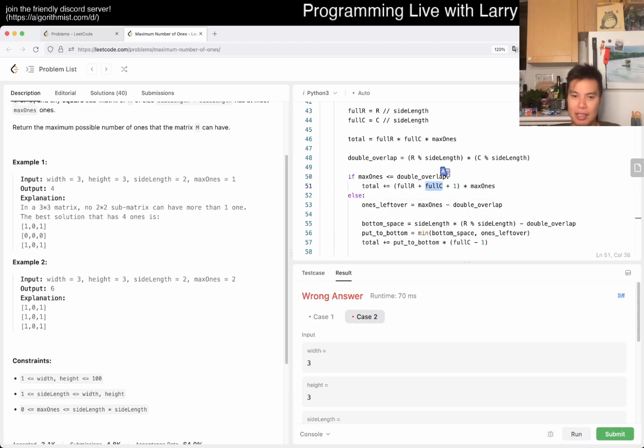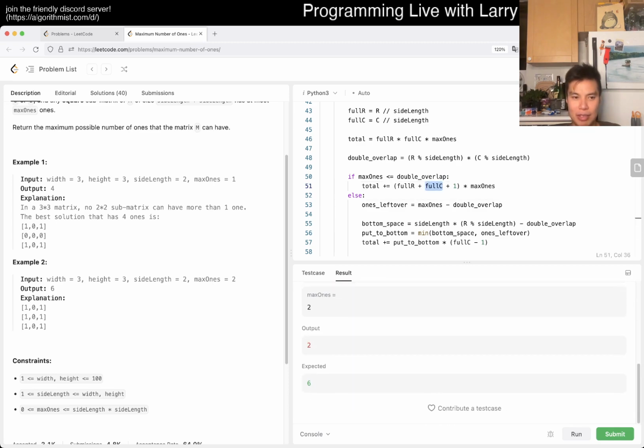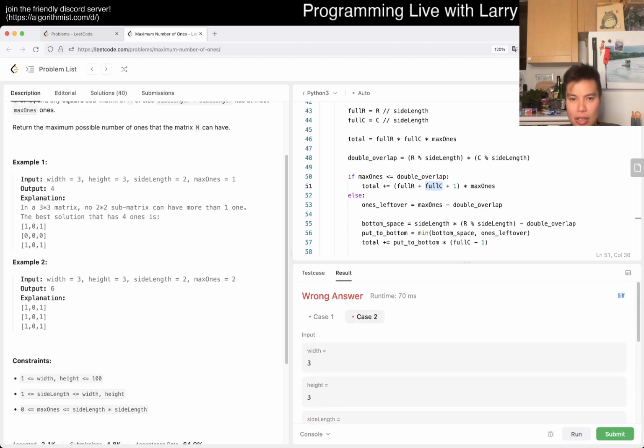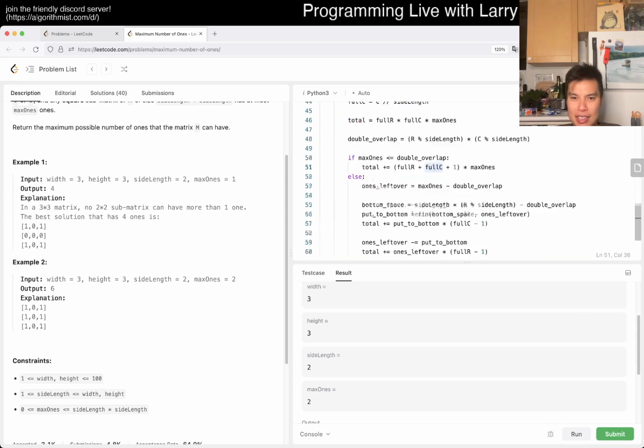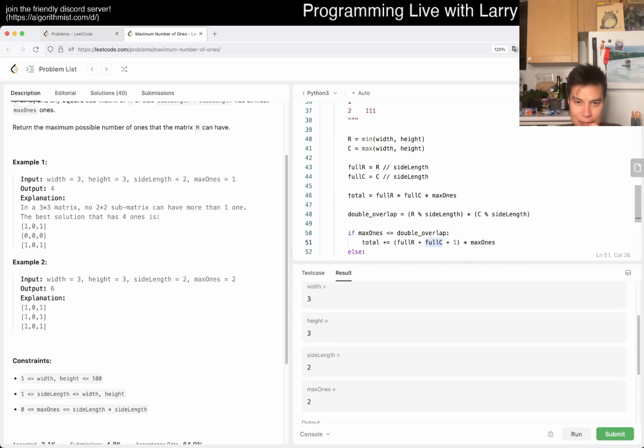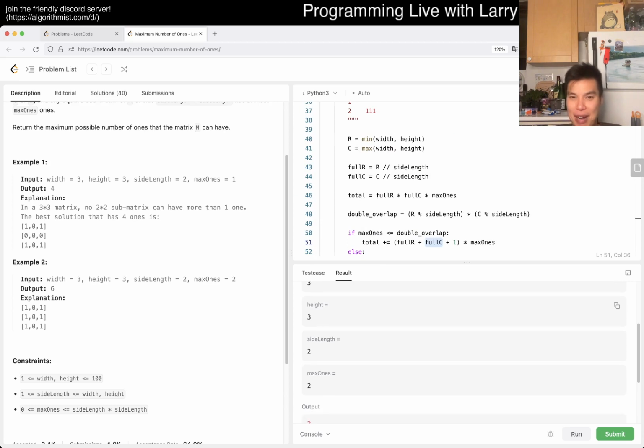That's tricky though. Okay, so here we have 2, but we expect 6. Okay, so we have max ones is 2. What does our code tell us? I mean, this is still even, so this is good. I suspect we have a lot of wrong answers on this one. But yeah, so the max one is going to be 1 by 1 times 2. So this is 2.